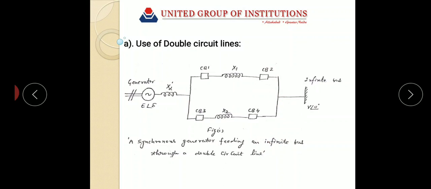If we calculate the equivalent reactance of both lines and compare it with the reactance of only one line, which is less? Obviously, the first case, when both lines are in operation. So when reactance is less, Pmax is more.